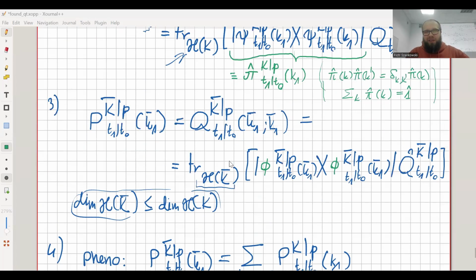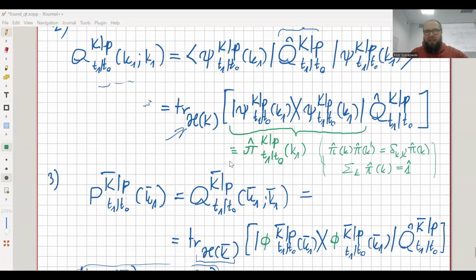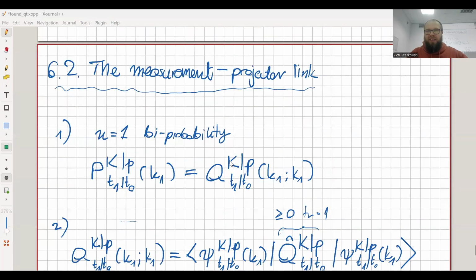And what we started doing at the very end of the previous lecture, we went to trying to establish the famous measurement-projector link, which anyone familiar with standard quantum mechanics understands, right?